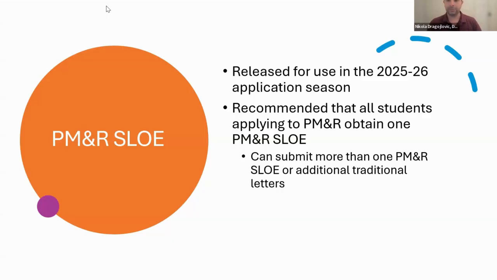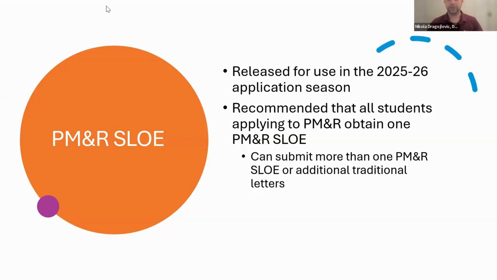If you're going to be applying to PM&R, you might request a variety of letters of recommendation. Most programs require at least 3 letters of rec, with one of them being a PM&R letter of rec. So we strongly encourage you to get a PM&R standardized letter of evaluation as your PM&R letter of rec.